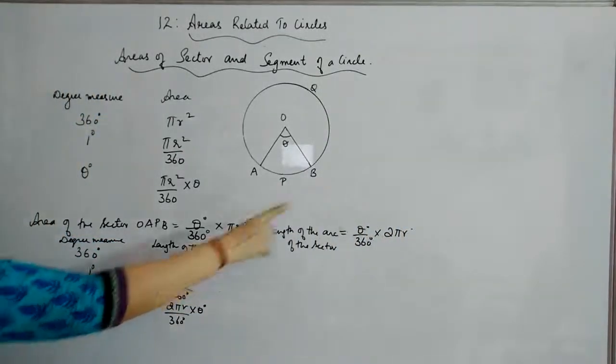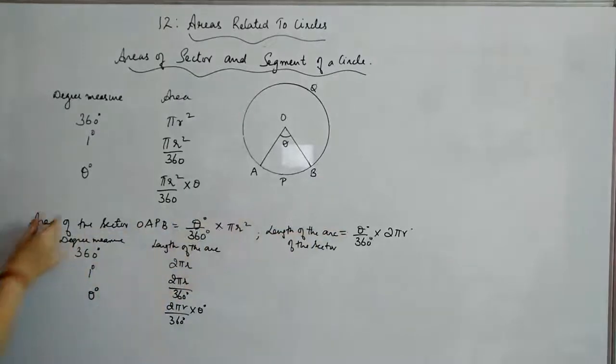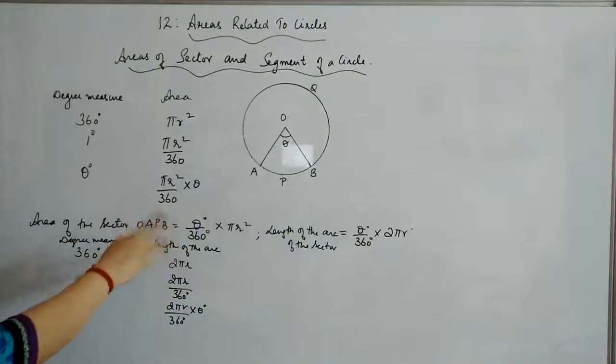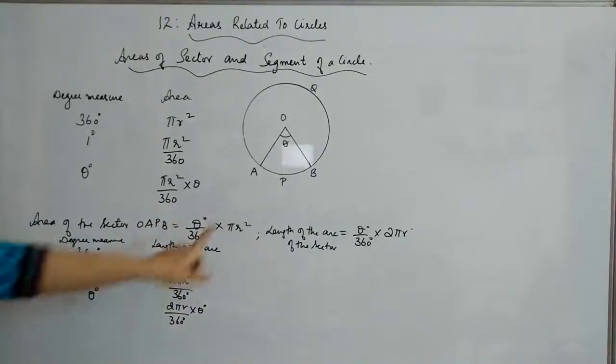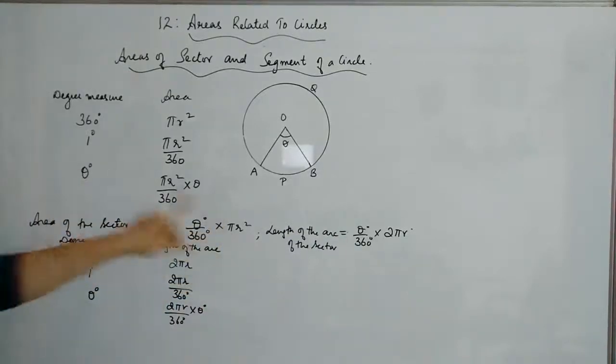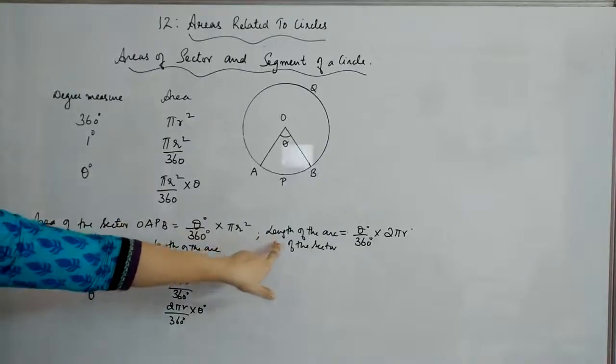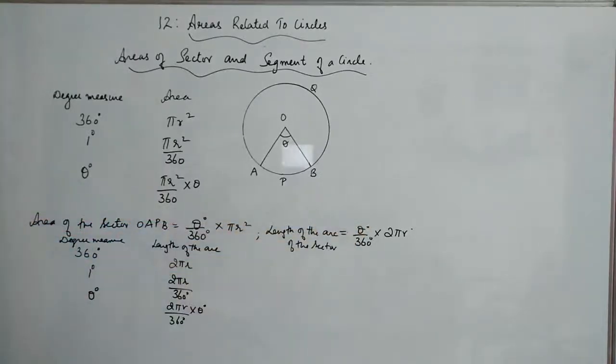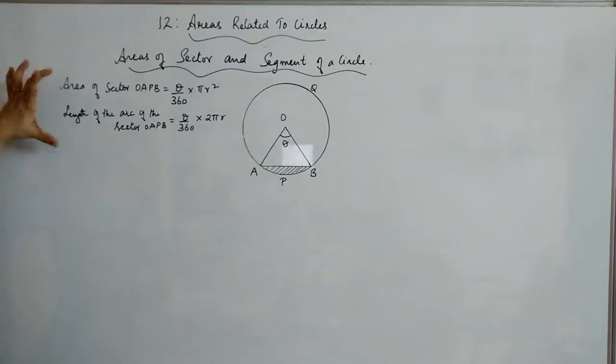Here area of the circle, here length of the circle, and you are finding area here and length here. So you can see that you have a relation there. Only this much is changing. If you are finding area, you have pi r square there. If you are finding length, you have 2 pi r there. So these two things you got.